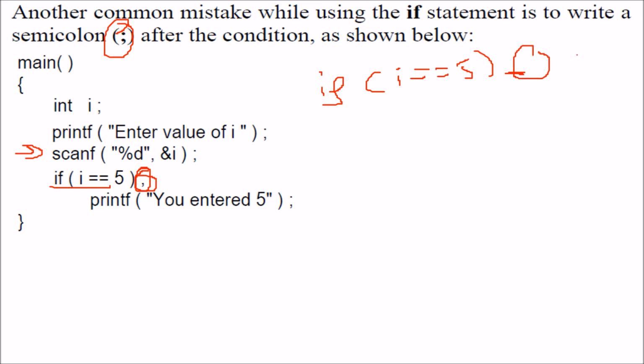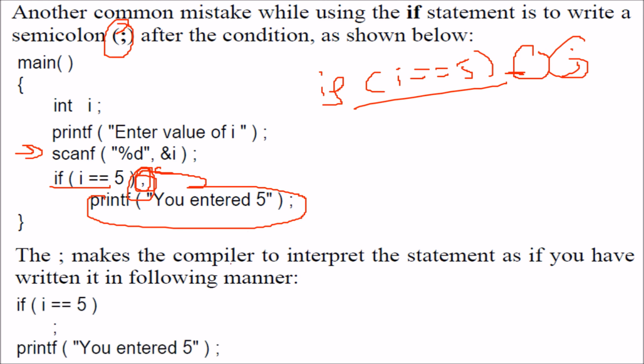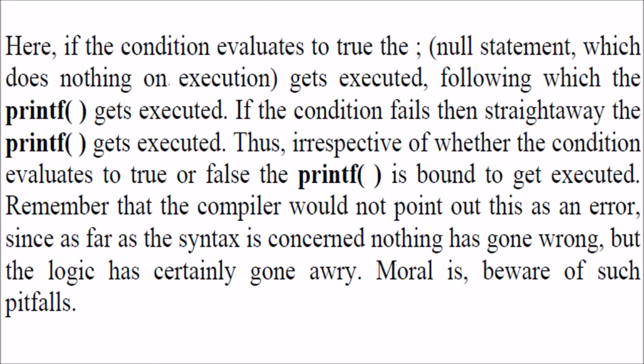This is a null statement, and after that you have a semicolon. So this is done. This line has no relationship with this because you have a semicolon here. So beware where you put a semicolon. If I equal to 5 and then a semicolon afterwards.